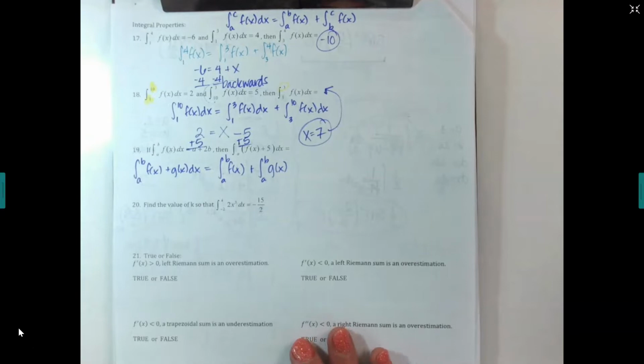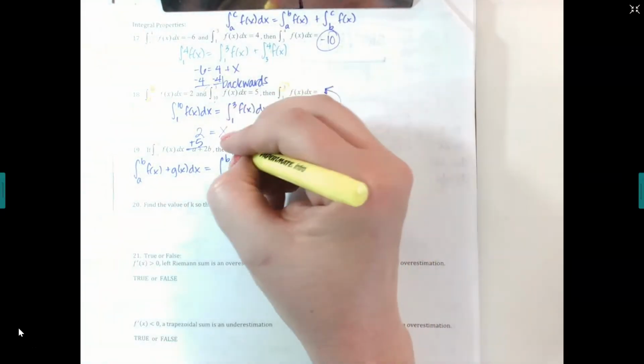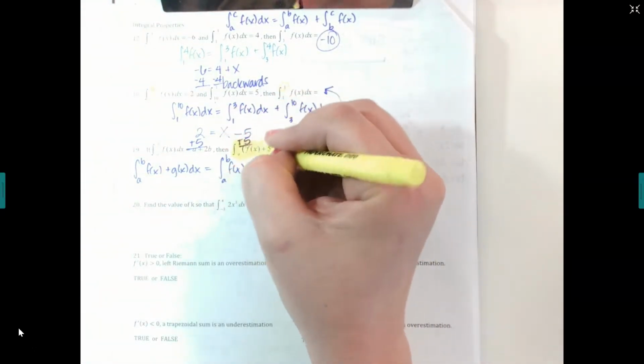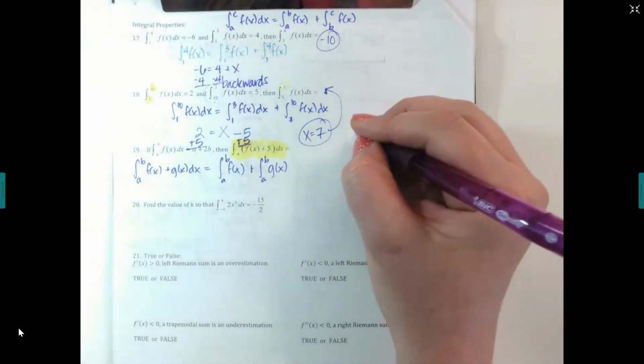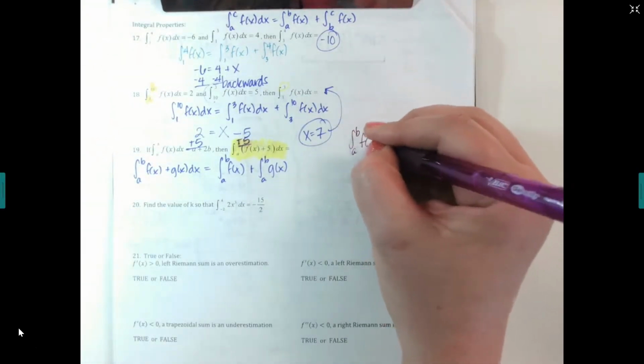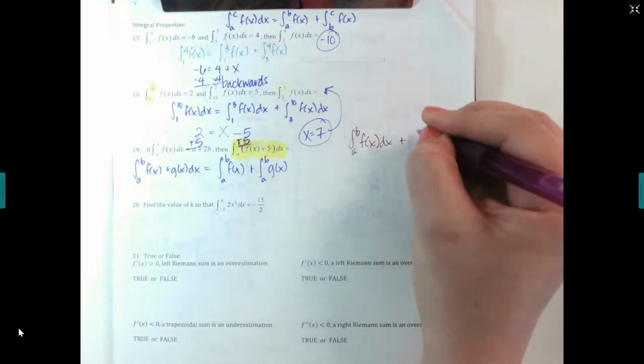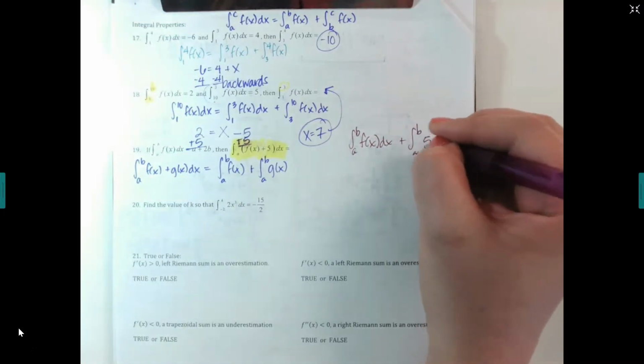Now let's use it. Okay, I want the integral, you can't really see it, but here, from a to b of f of x plus 5. How would I break that down into 2 separate integrals? The integral from a to b of f of x plus the integral from a to b of 5.